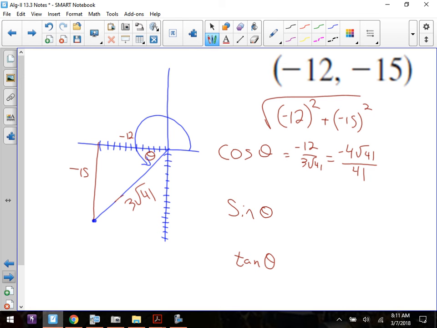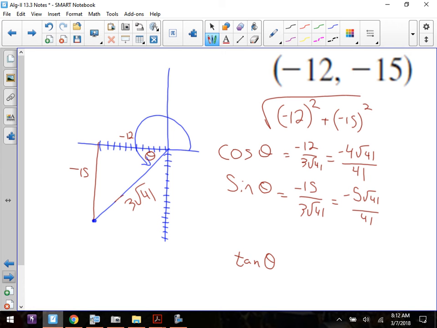Your value of sine then is going to be -15 over 3√41, which simplifies to being -5 √41 over 41. Very good. And that makes sense that they're both negative because cosine and sine are both negative in the third quadrant.